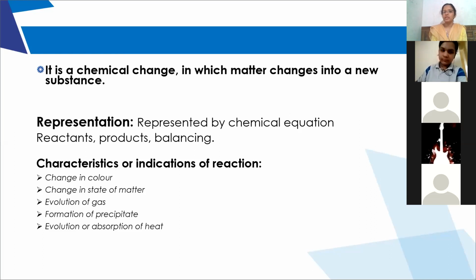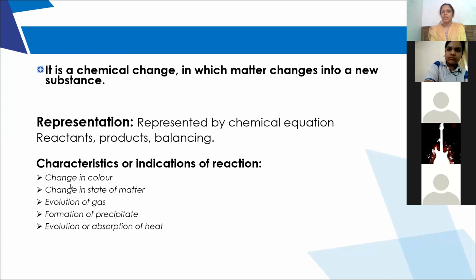Now coming to the characteristic properties of a chemical reaction. As I told you, characteristic properties are indications, that is, a visible change. How can we identify whether a chemical reaction has happened or not? It is all through these 5 changes. Basically, these 5 changes indicate that a chemical reaction has taken place.